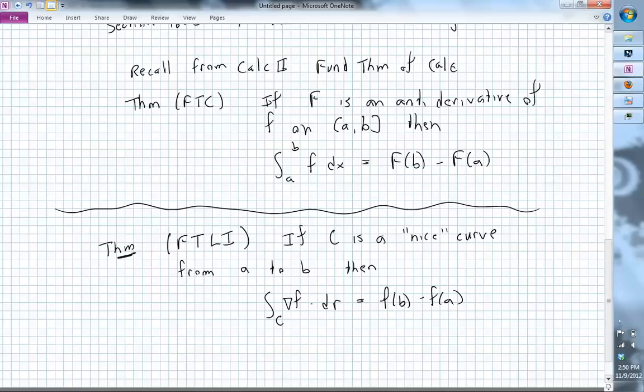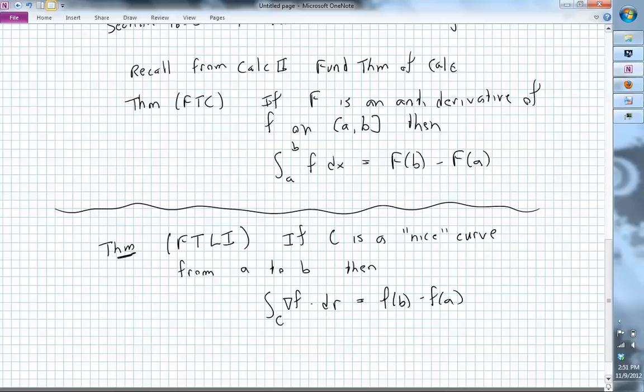Okay, it has a lot of similarities to the fundamental theorem of calculus. Do you remember what this is? Gradient of f, it's the vector of partial derivatives, f sub x, f sub y, f sub z. So keep that in mind. This is a dot product, and then dr is precisely what you're used to. So playing the role of the vector field in this integral is the gradient of f.